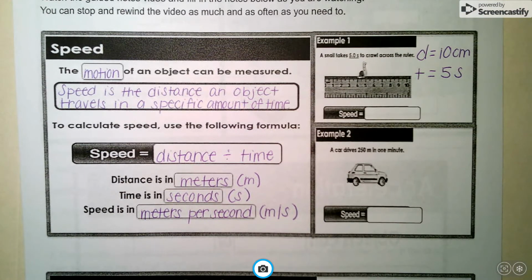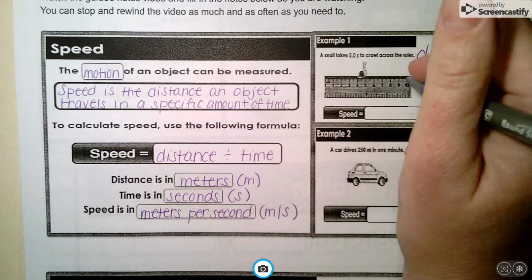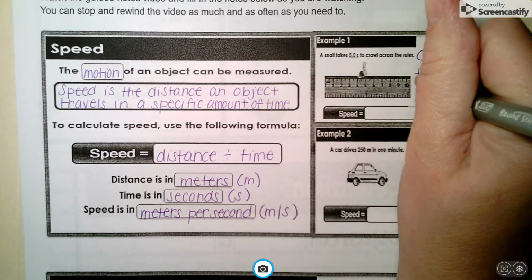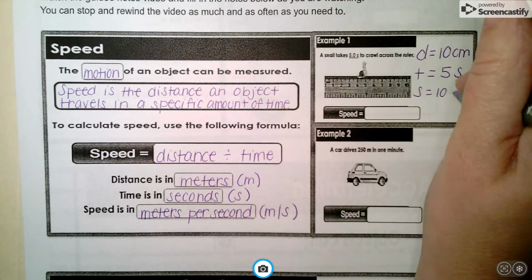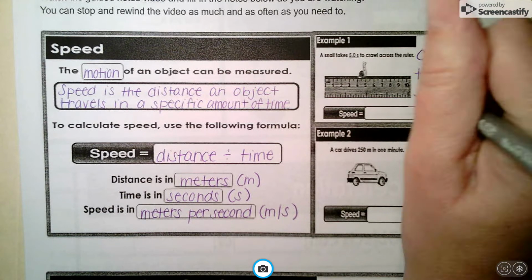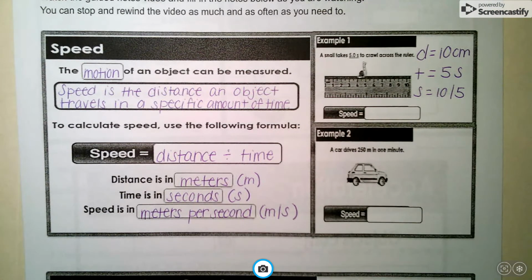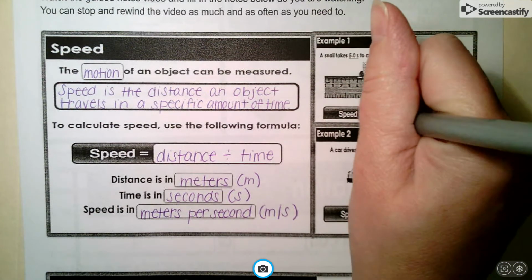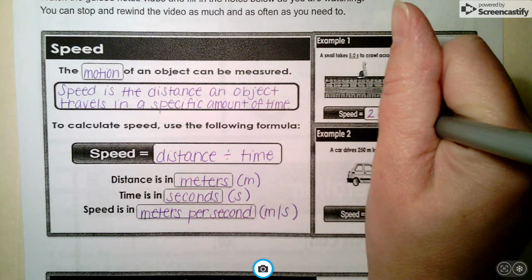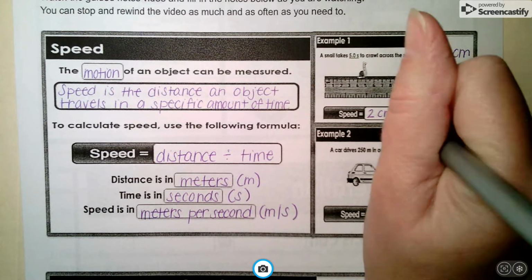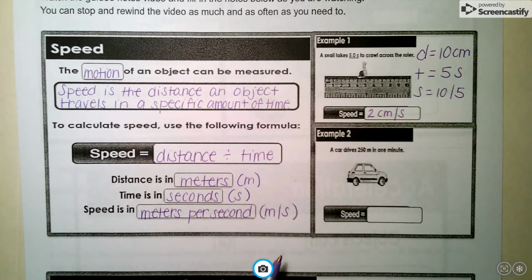So if I do the math out for this, my speed will be 10 divided by 5. I know in my head I can do that math. 10 divided by 5 is 2. So his speed is 2 centimeters per second. But we just said that we want to do speed in meters per second.